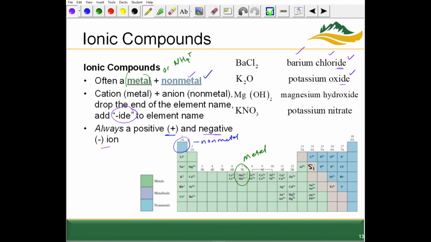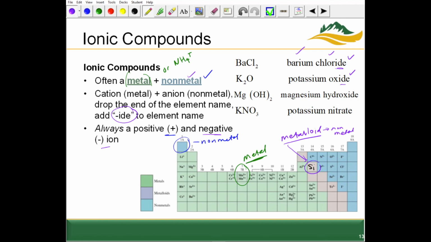Now, silicon wasn't written on this version of the periodic table, but it is on the blank version of the periodic table that you have access to on Canvas. So silicon is a metalloid. So ionic compounds have to be a metal with a nonmetal. So manganese is the only metal here. A metalloid is essentially, you can think of it as a nonmetal for our purposes now.